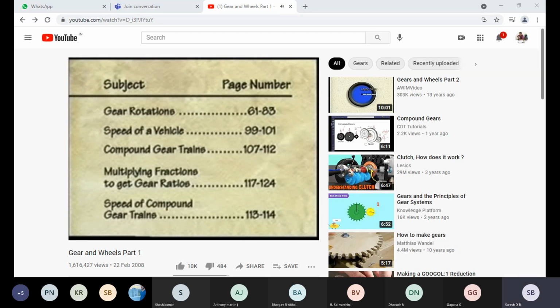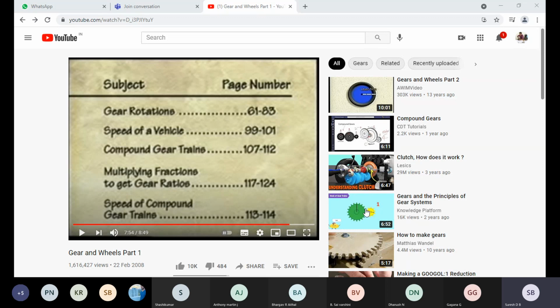Okay, like that you can find out the gear trains as well as the velocity ratio of all the gears. Any doubts? Okay, like that you can increase the gear ratio by increasing the number of gears.